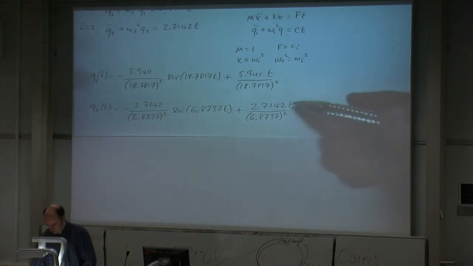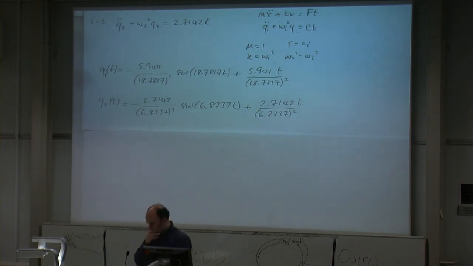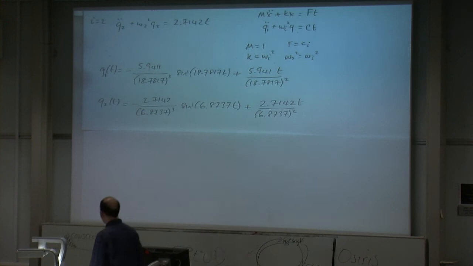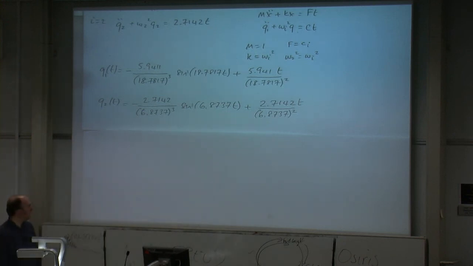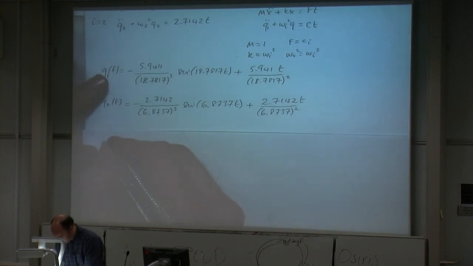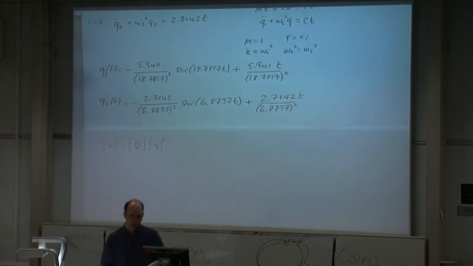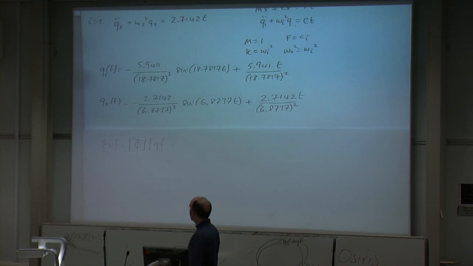That gives us q as a function of time. Then to get x as a function of time, we apply the equation again. Well, we've now got q, we've got the matrix, you can therefore find x.